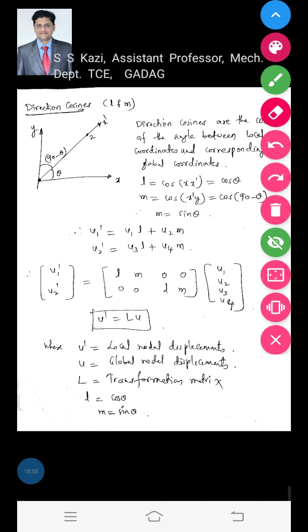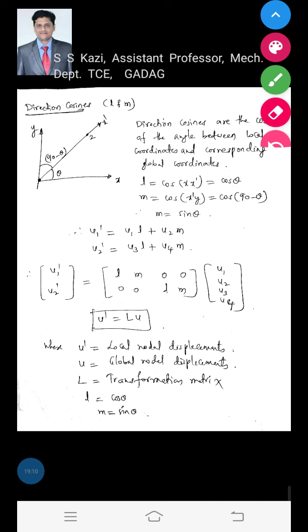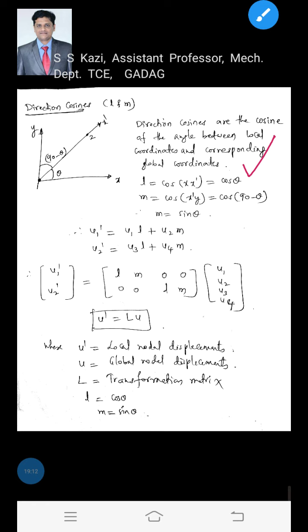What is M now? M is equal to the cosine of the angle between the local coordinate x dash and y. That is cos of 90 minus theta, which gives sin theta. So M is equal to sin theta. One direction cosine L is cos theta and the other direction cosine M is sin theta.